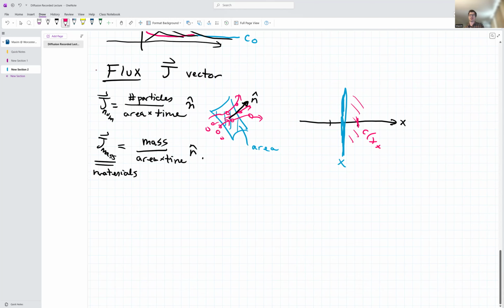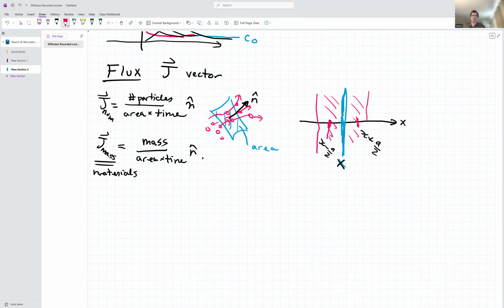We're just going to say that this is x plus the hop step a over 2. And then we're going to describe the particles over here as some other concentration. Okay, let me just define the locations first. So this is x minus a over 2, and this is x plus a over 2. Okay, that's better.